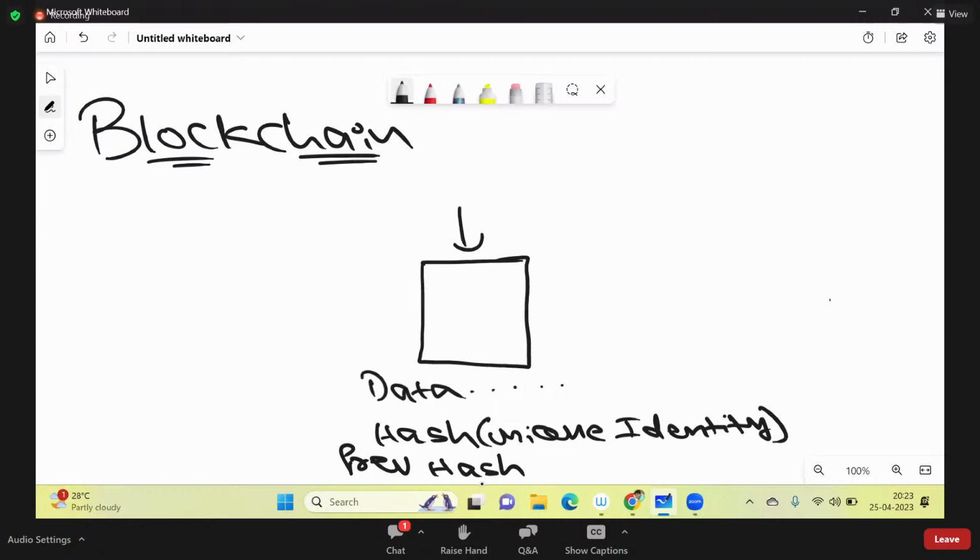Because if you take a normal chain, what is the significance of a normal chain? Every link is interlinked. If you take a normal chain, every link that is available gets interlinked. So if you break that chain, it is very difficult. Let me say you have broken the chain successfully, and then you'll get to know where the link has been broken.